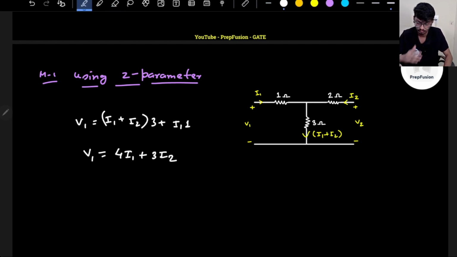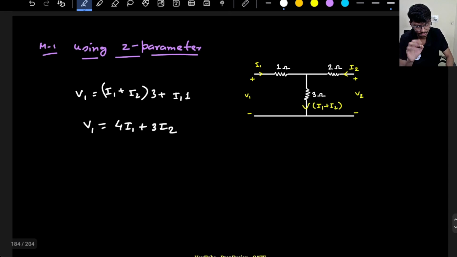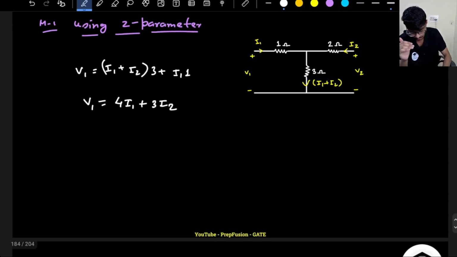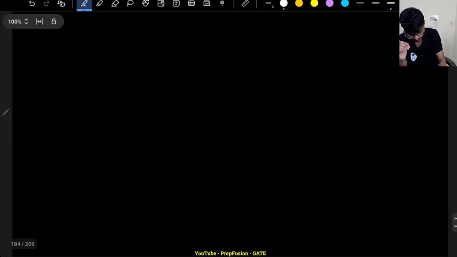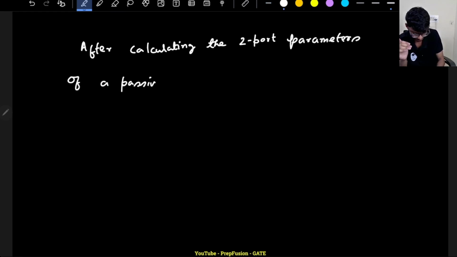Also, one more thing I wanted to mention, like this is the last lecture, so I wanted to mention that if you ever calculate Z parameters of a purely resistive network or a passive network, I want to say one key point: after calculating the two port parameters of a passive network, make sure to check the condition of reciprocity.